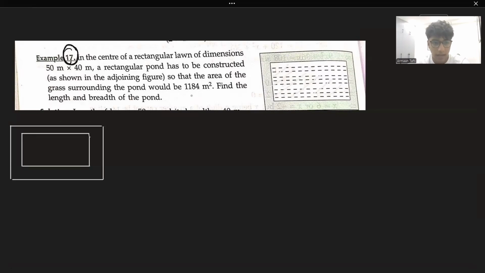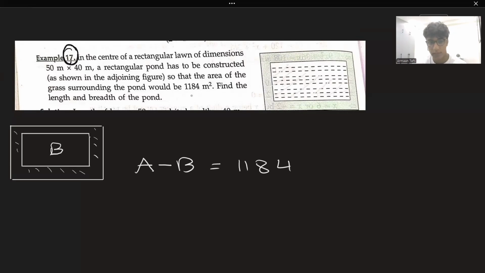And we've been told that the area of this garden outside is 1184. So what does that mean? That means that if we count the entire area of this rectangular garden as A, and we count the area of this pond within it as B, then they've told us that A minus B is equal to 1184, right?